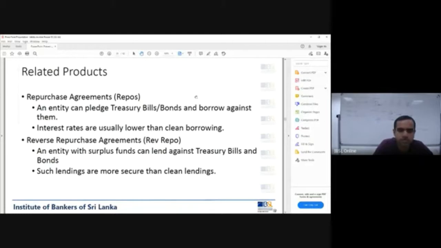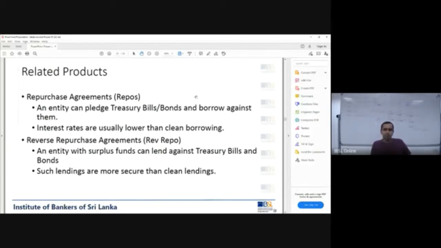Reverse repos are the opposite of repos. If you want to lend and you are not willing to take credit risk, you can use reverse repos. Now this is the opposite of repurchase agreements.